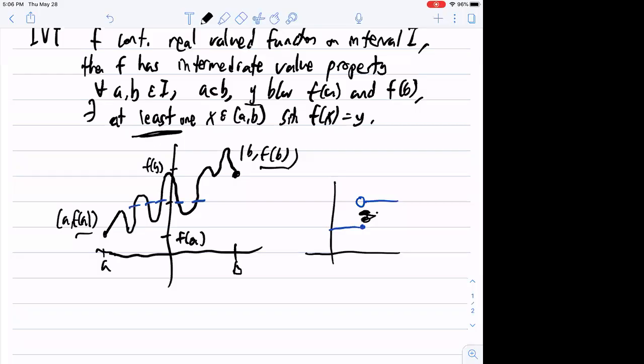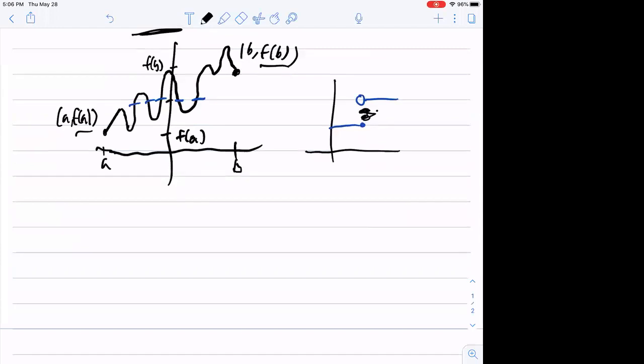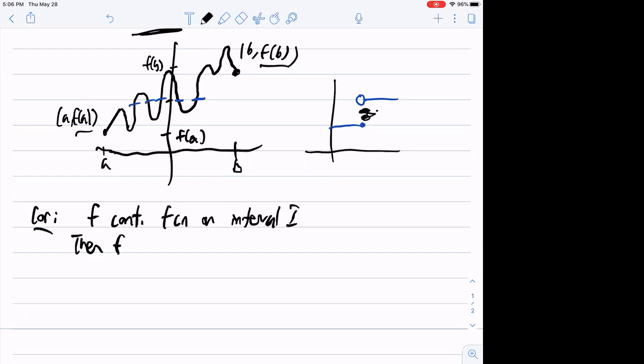So let's move on. One of the corollaries, in the sense that you have to get everything in between, is: if f is a continuous function on an interval I, then what is f of I? This is the set of f of x such that x is in I. This thing is either an interval or a point.